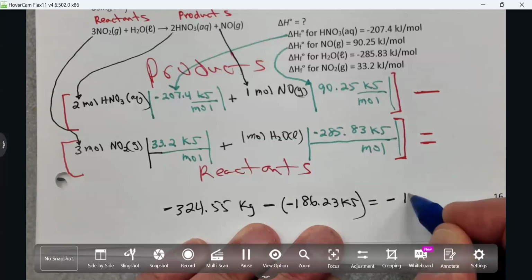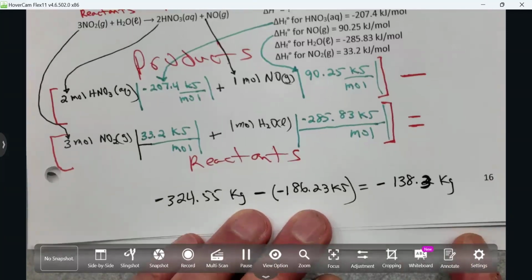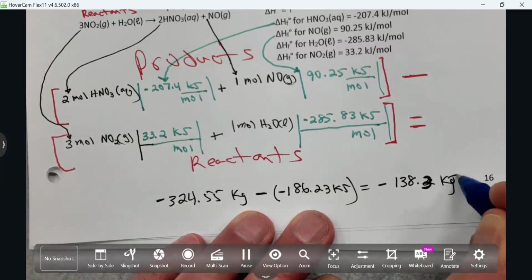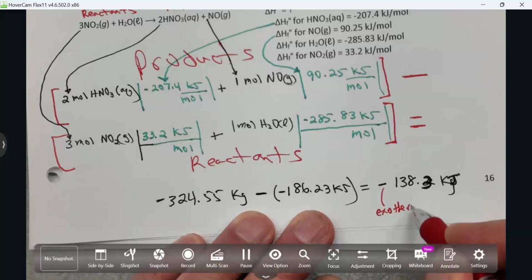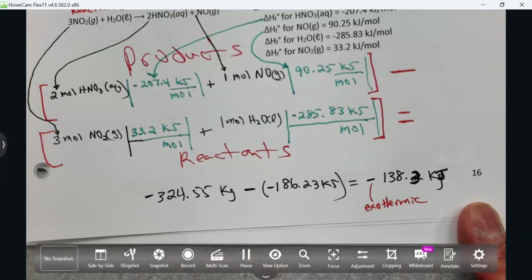And it's negative 138.3 kilojoules. Exothermic, right? Negative.